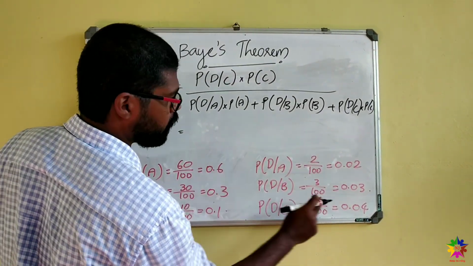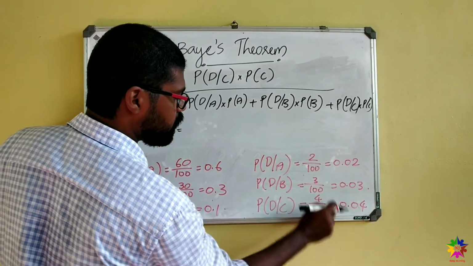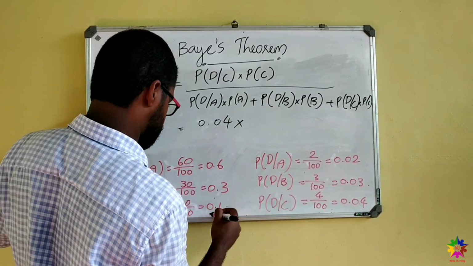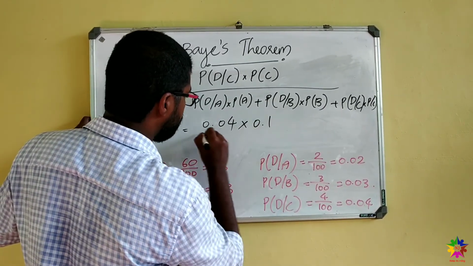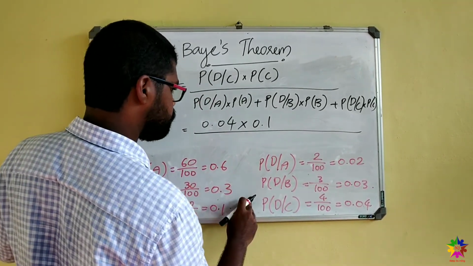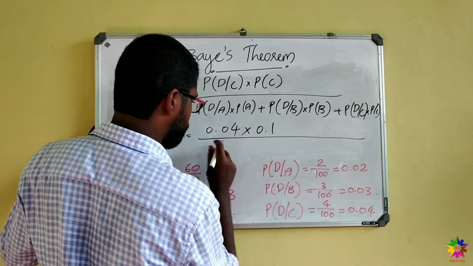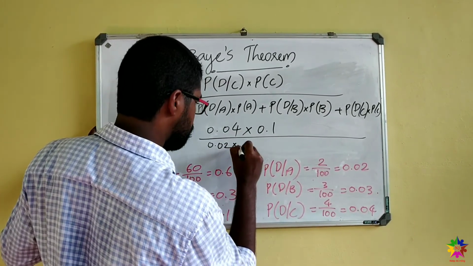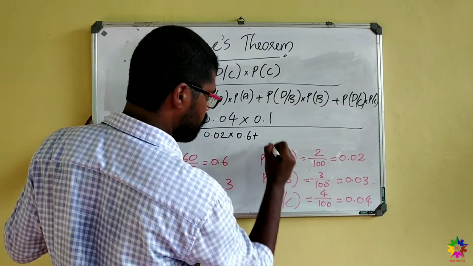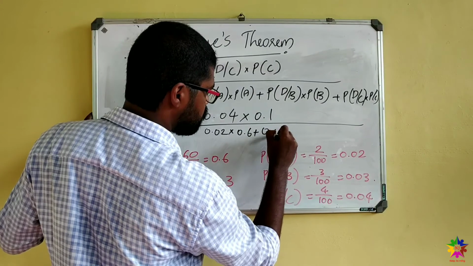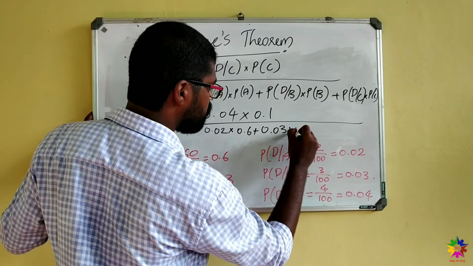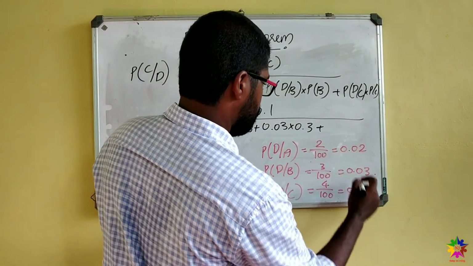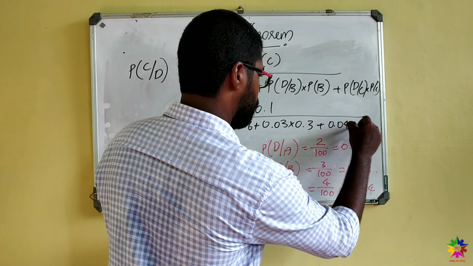That is, probability of C given defective is 0.04 into probability of C, which is equal to 0.1, divided by 0.02 into 0.6 plus 0.03 into 0.3 plus 0.04 into 0.1.